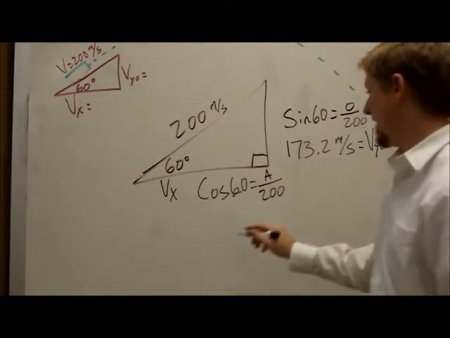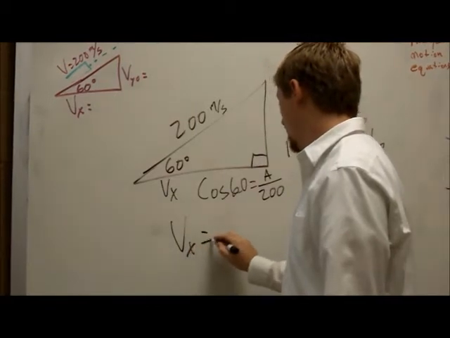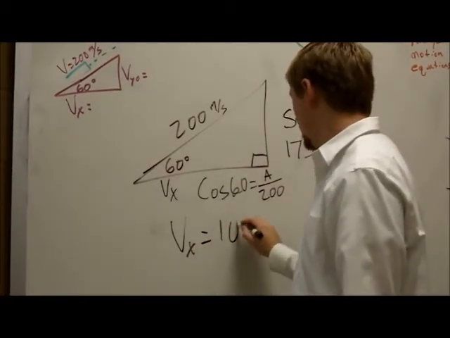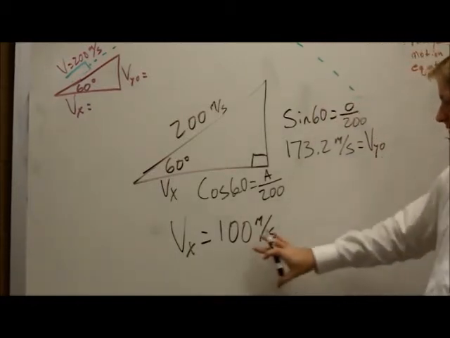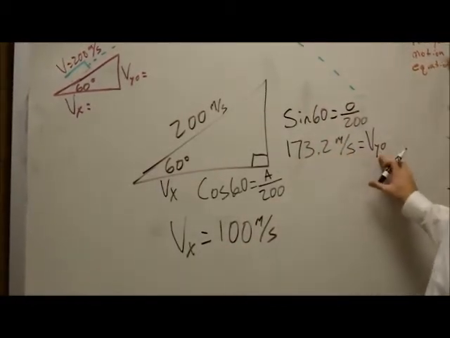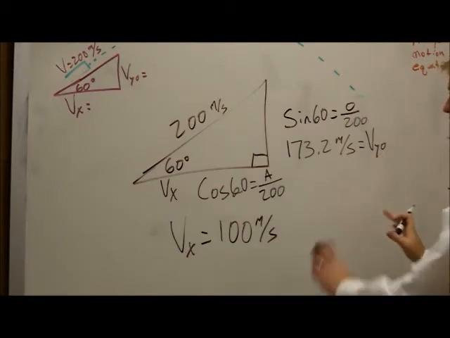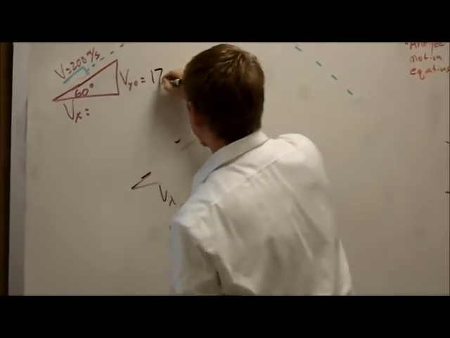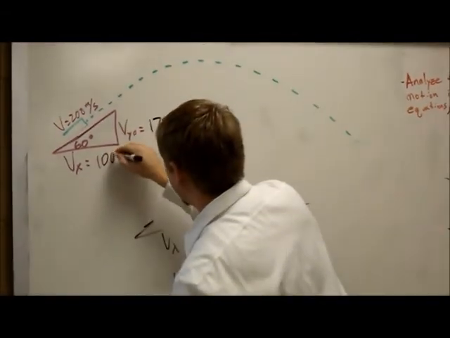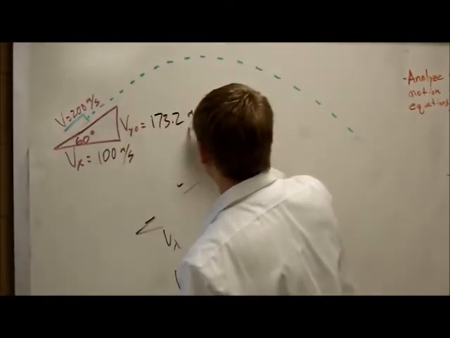We'll get our adjacent, and our Vx works out to a nice even 100 meters per second. Great. Vx, and this is our Vy0, or our initial vertical velocity. I'm going to erase all this and we'll go back over here. So 173.2, 100, and of course meters per second.